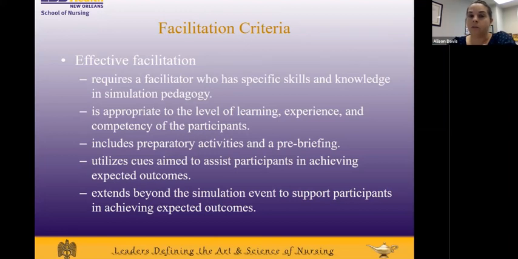It utilizes cues to assist participants in achieving expected outcomes. But in a way, and again, that ties into the second bullet. To me, those go hand in hand. Your cues need to be appropriate to the level of learning, experience, and competency of the participants, and depending on if it's formative or summative.